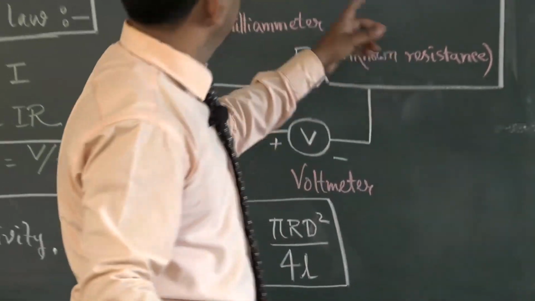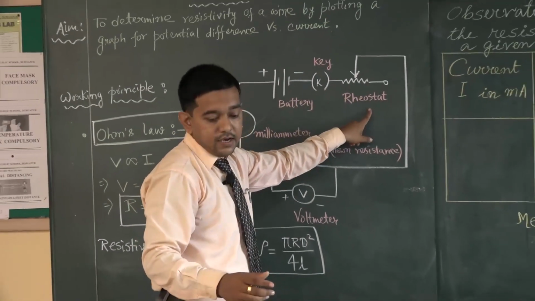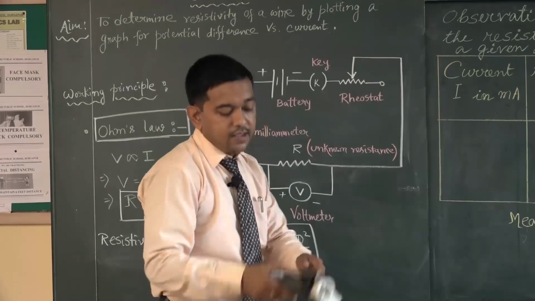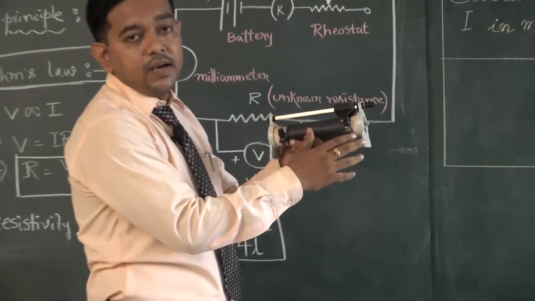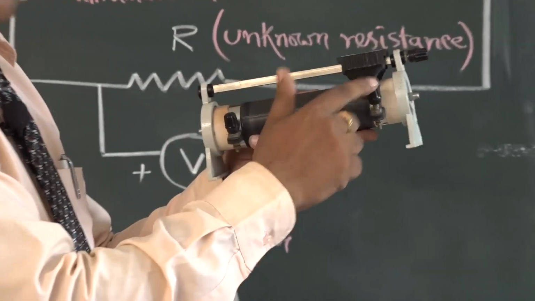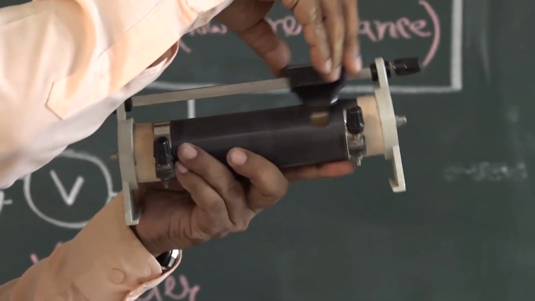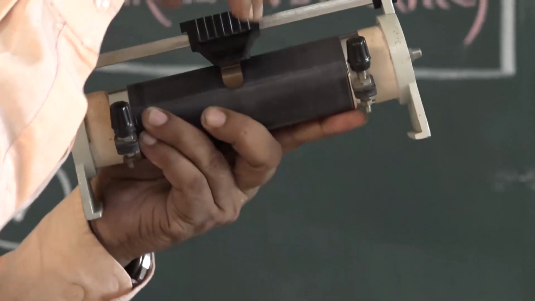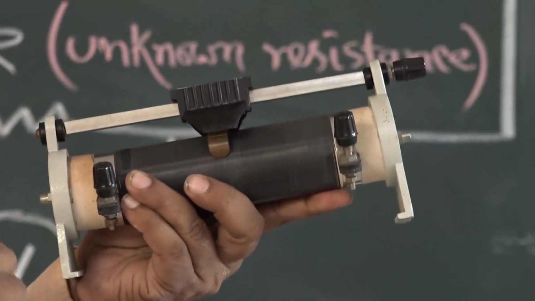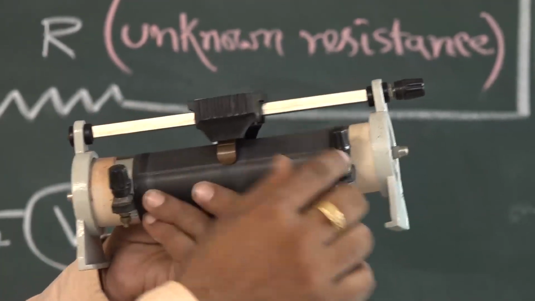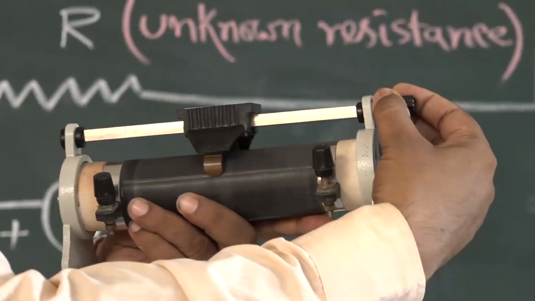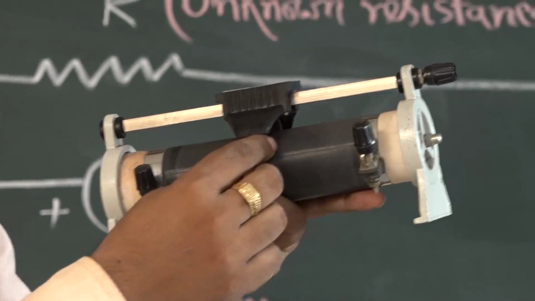Next comes the rheostat. A rheostat is basically a variable resistor. Here you can see there are three terminals in the rheostat, and this is a slider. We can vary the resistance in the circuit with the help of this rheostat. Out of these two terminals, one is connected and this one is connected, because it acts as a potential divider circuit.